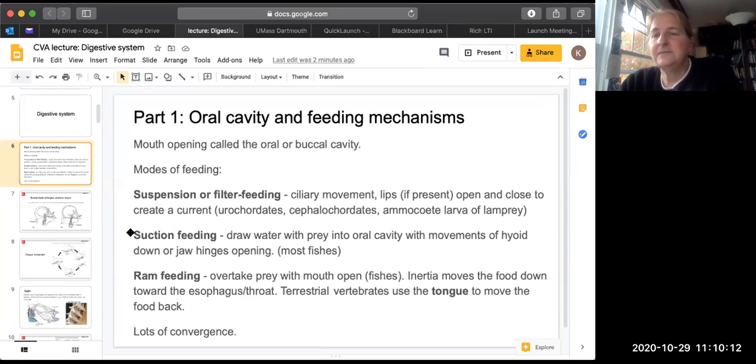Suction feeding is what we also talked about with the respiratory system, where you create a vacuum by expanding the buccal cavity and drawing in the water. Most fishes have this type of suction feeding.